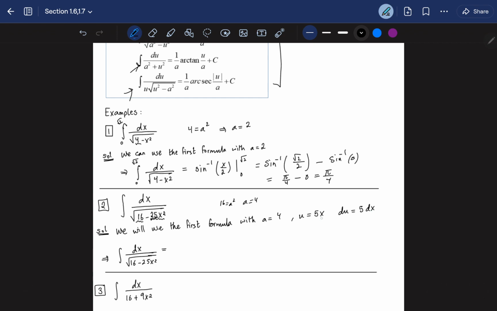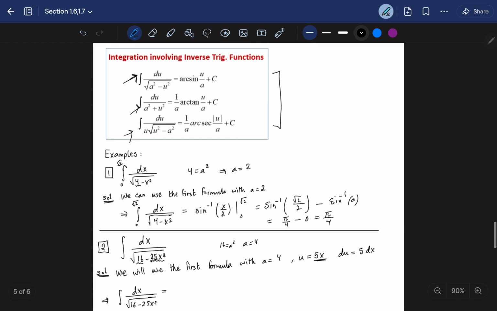So why did I choose 5x? Since I want to use the first formula, I want to have something squared subtracted from my number. So if you take u to be 25x squared, you're not going to have a square here. So to fix this problem, you just take the square root of this.